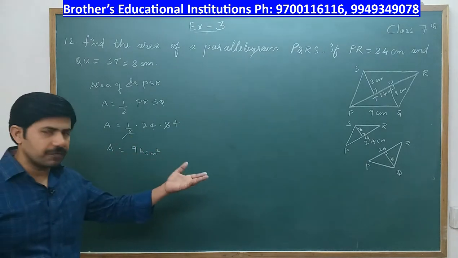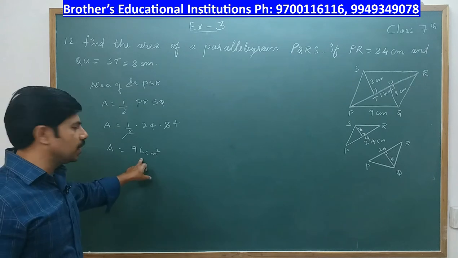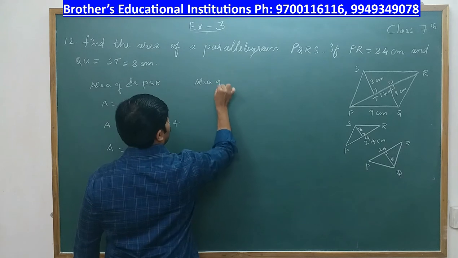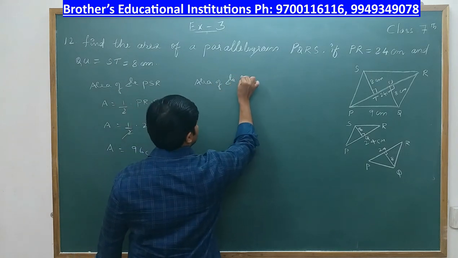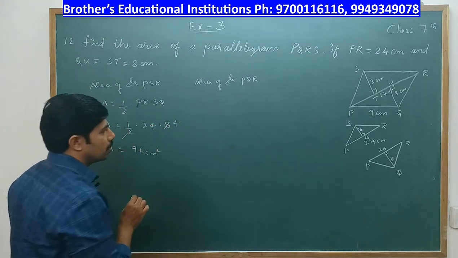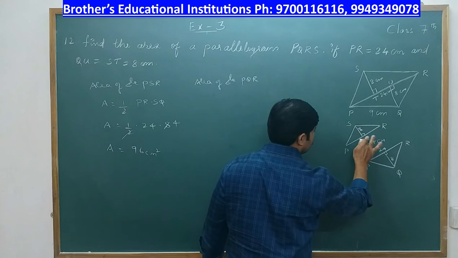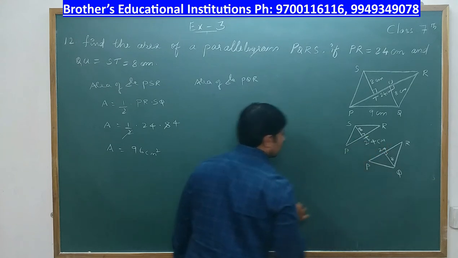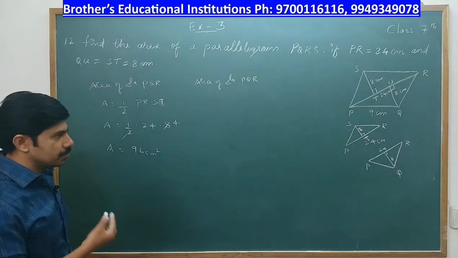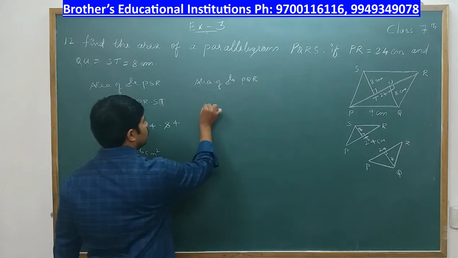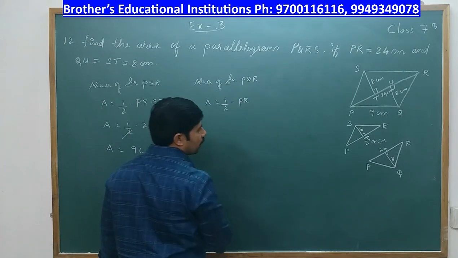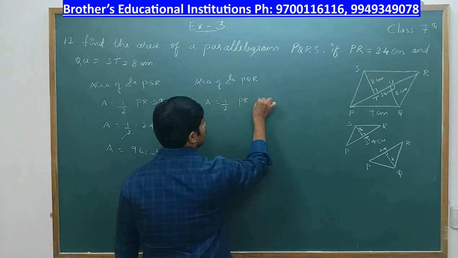Now we'll find the area of triangle PQR. We'll get the same result, 96 centimeters square. Now area of triangle PQR. So instead of taking Q, we'll take some T and I'll write it as T. ST is the altitude because already we are representing Q, just I'm changing it to T. So area of triangle PQR is half into base, this PR, and height, you can write it as TQ.